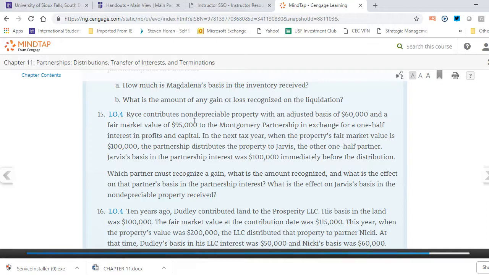Rice increases his basis in the partnership interest by the 35 gain recognized. So the basis goes up in the partnership by the 35, and Rice has also a $35,000 recognized capital gain. Okay, so that's what's going on then. Now for Jarvis, he increases his basis in the property by the same amount up to then the $95,000, which is the 60 plus the $35,000 gain.